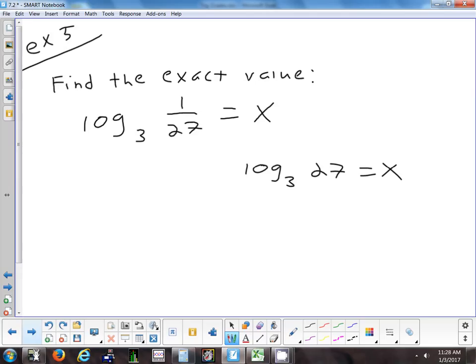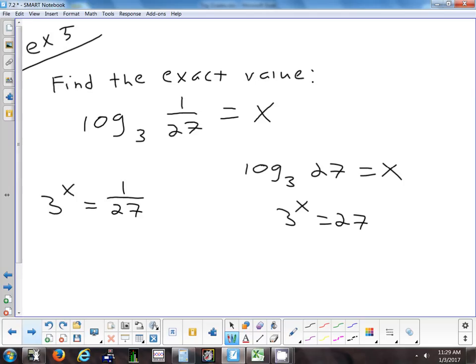If I was going to solve that, it would be 3 to what power gives me 27. Now my problem is a little different. It's 3 to what power gives me 1 over 27. If you can figure out the answer to this one, then you'll be able to figure out the answer to this one. They're very close.